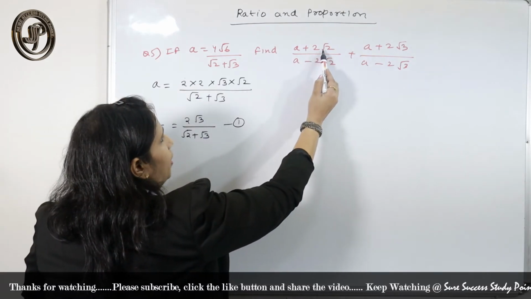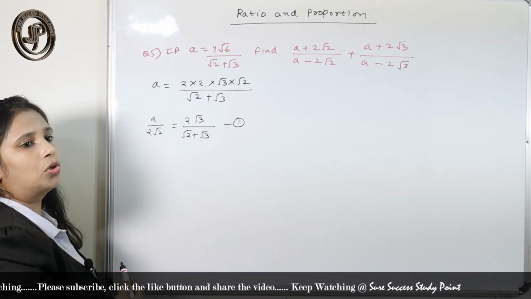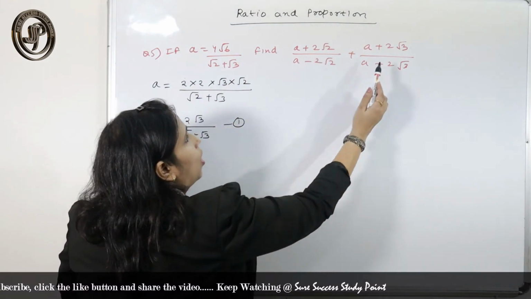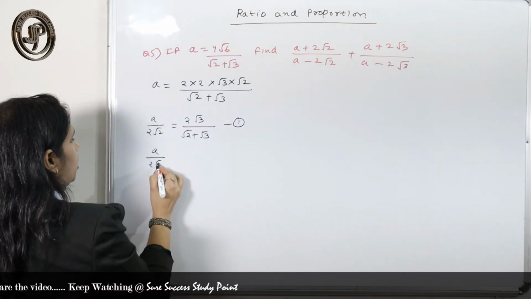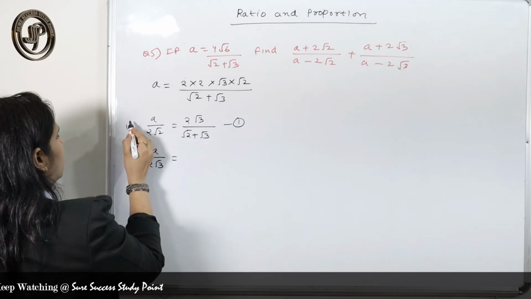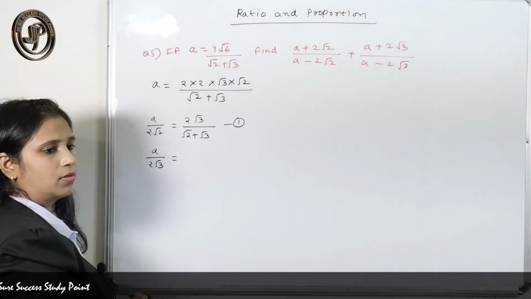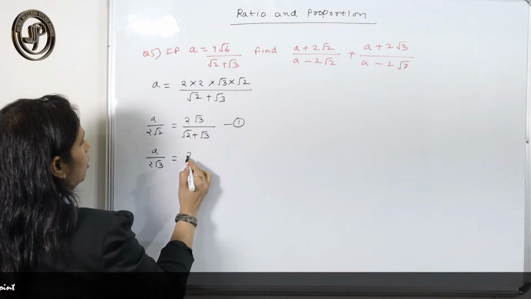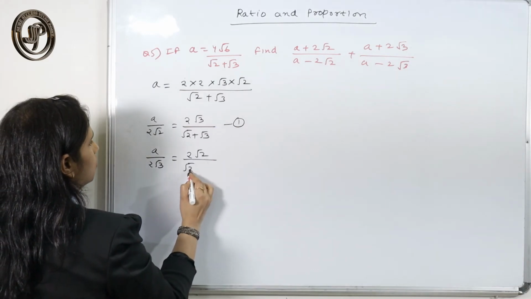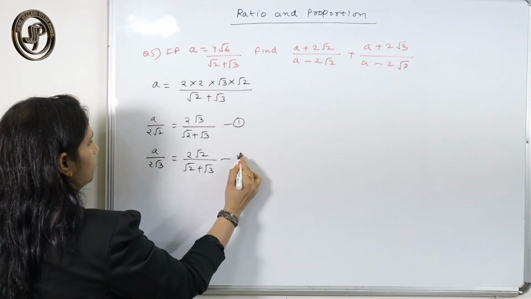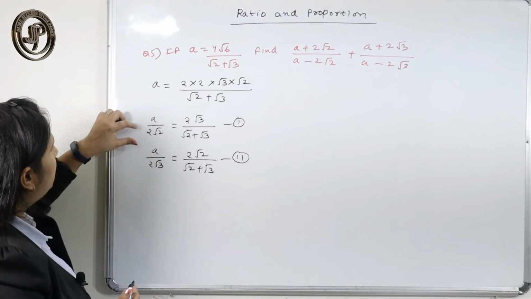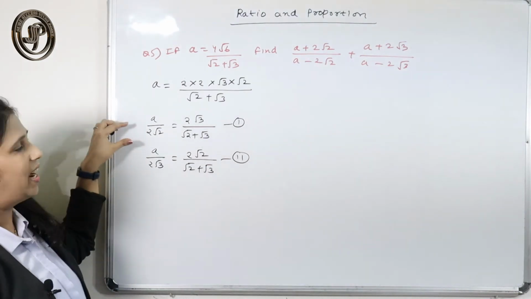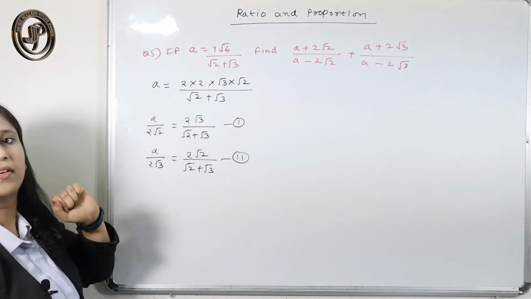Why am I taking 2 root 2 here? Because here it is 2 root 2. But 2 root 3 is also there. So now take 2 root 3 down. If we take 2 root 3 down, then here I am left with 2 root 2. Right? Okay? Clear? So these two conditions I have derived from here.